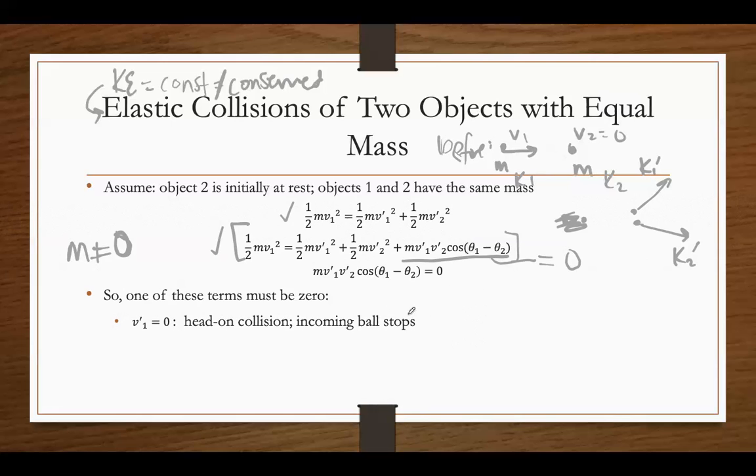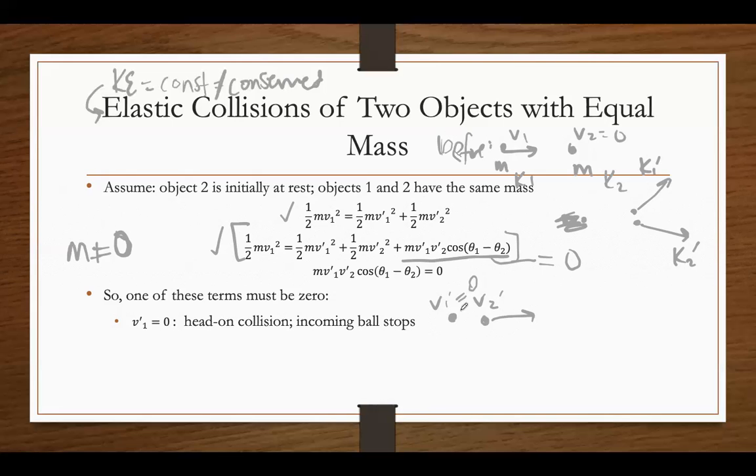Now after, if our v1 prime goes to 0, then our v2 prime is non-zero, and we have something like this. It would just be a head-on collision, where all of the momentum that was in the first mass gets transferred to the second mass. And so now v1 prime equals 0.